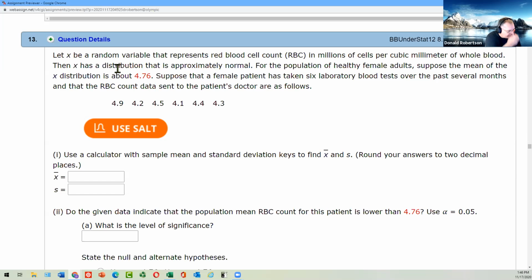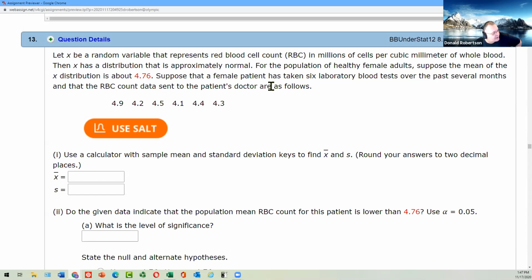So in this story, let X be the random variable that represents red blood cell count, RBC, in millions of cells per cubic millimeter of whole blood. X is distributed approximately normal for the population of healthy female adults. That's just telling us it's okay to do the t thing. Suppose that the mean of this is 4.76.